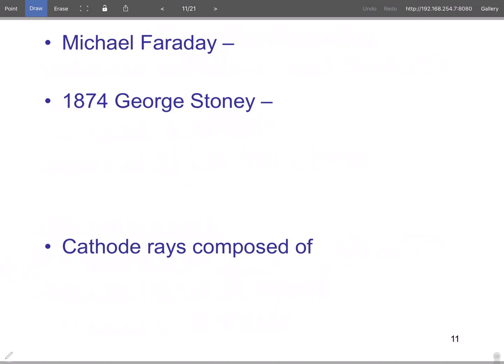Okay, so that brings us back to Michael Faraday, who worked on electrolysis, and that's where he worked on the ability to produce electricity, etc., and move them.